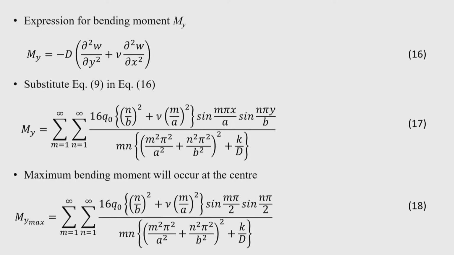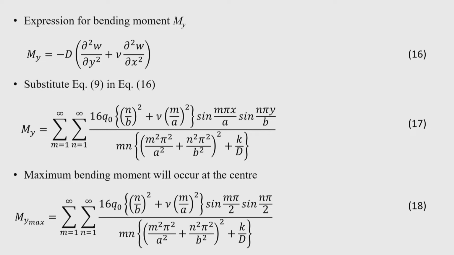Let us see here the bending moment in the y direction. Bending moment in the y direction is minus D times (del square w del y square plus mu into del square w del x square). So, the Poisson ratio is important for finding the bending moment.